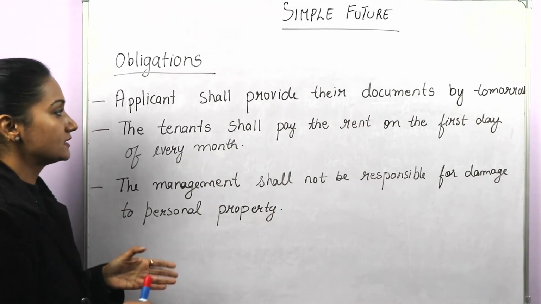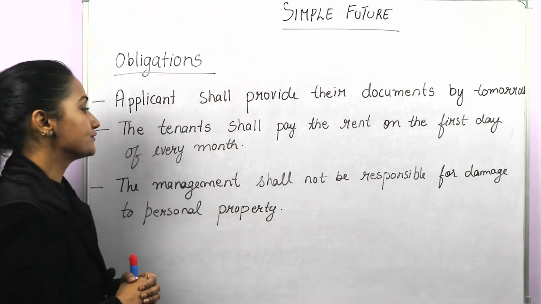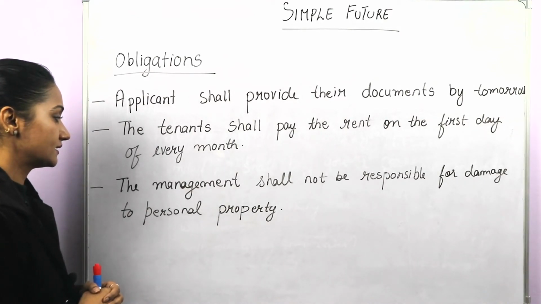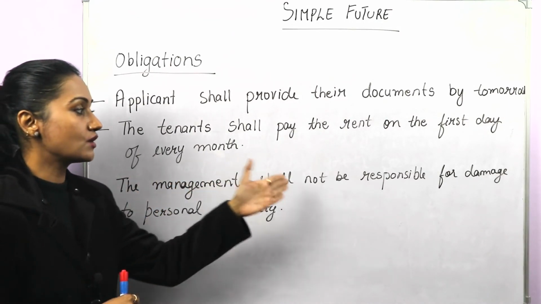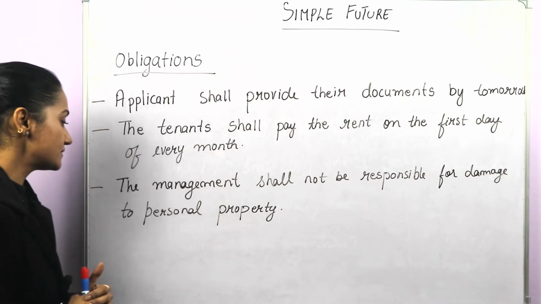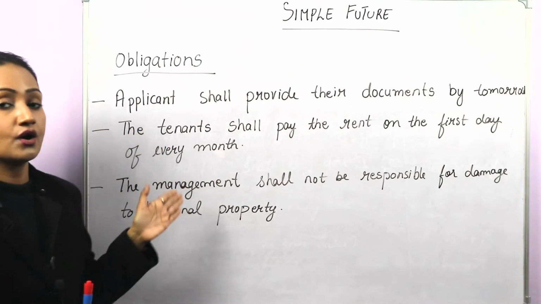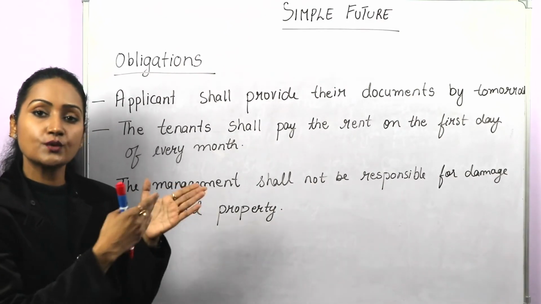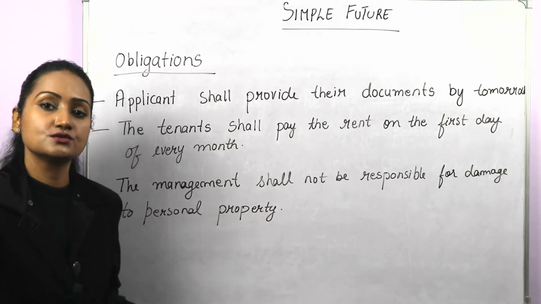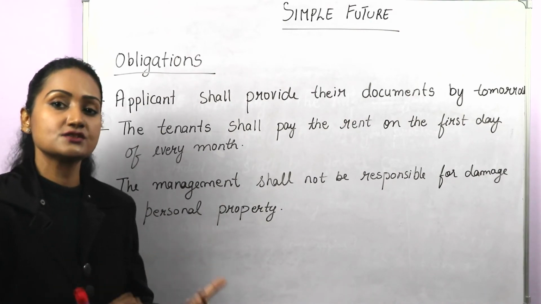The tenants shall pay the rent on the first day of every month. The management shall not be responsible for damage to personal property. If you can see, these all are obligations. Okay, so when you want to frame these kind of sentences, you can use shall just to emphasize on something.